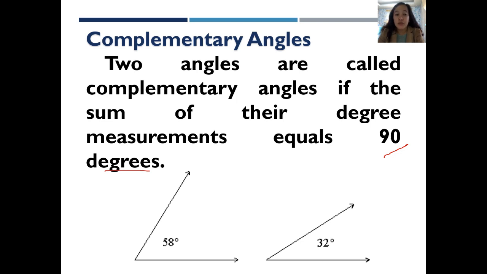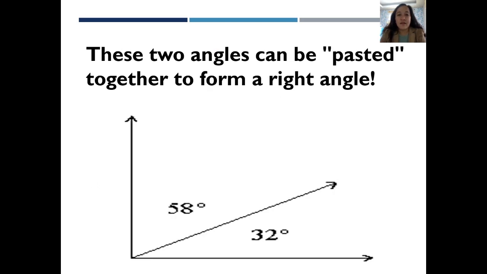If you find the sum of 58 and 32, you will arrive at how many degrees? Exactly, 90 degrees. So if you have two angles whose sum is 90 degrees, we call them complementary angles. We can also paste those angles together to form a right angle. And then, let's put a box here which indicates that this angle is a 90-degree angle.